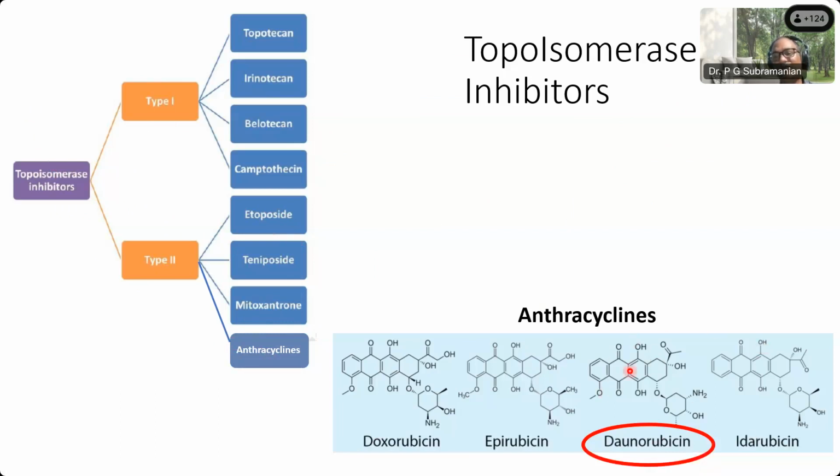In the anthracyclines, daunorubicin is used as a part of ALL induction. This topoisomerase 2 inhibitor is very likely to cause a secondary AML, and most of those AMLs due to topoisomerase 2 inhibitors will characteristically have this MLL or KMT2A rearrangement.